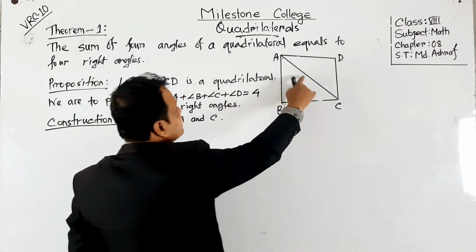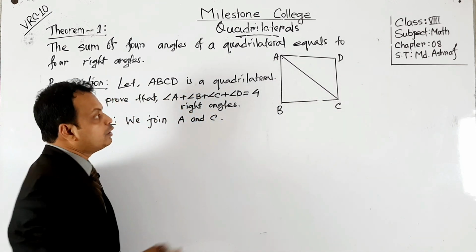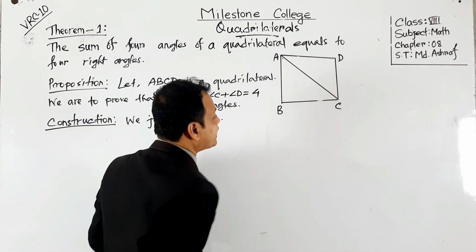Then this line segment divides this quadrilateral into 2 parts. One is triangle ABC and another one is triangle ADC.